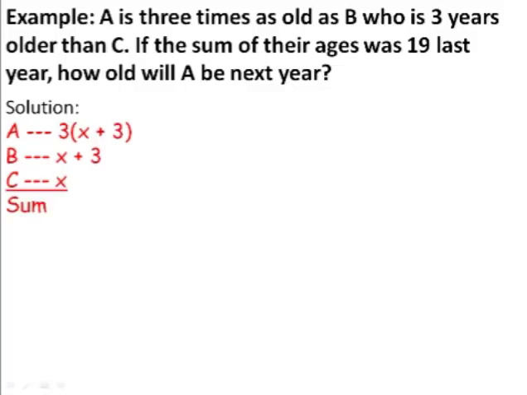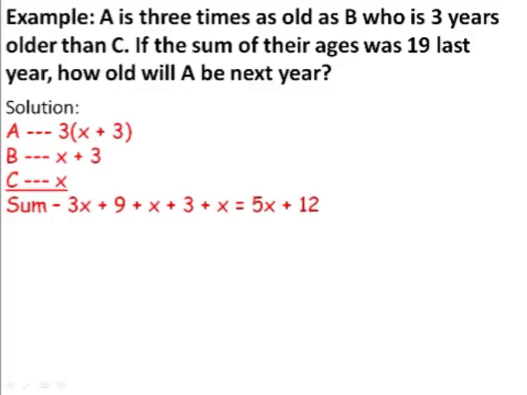Okay? Then we come to their sum. Again in this question the sum is given. And if we start adding them, opening the brackets for A, it will be 3X plus 9, then plus X plus 3, B's age, plus X, that's C's age, which add up to 5X plus 12.